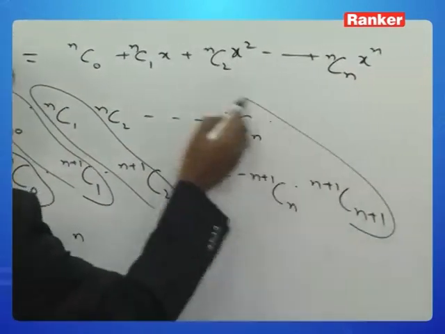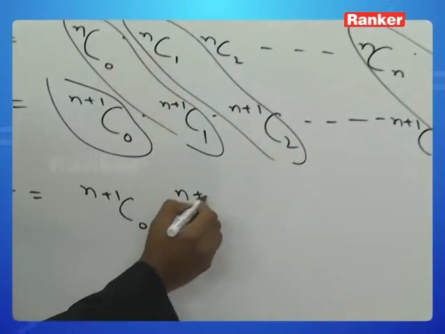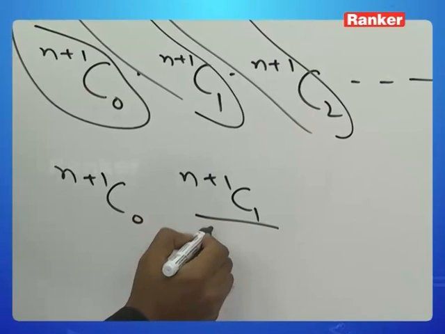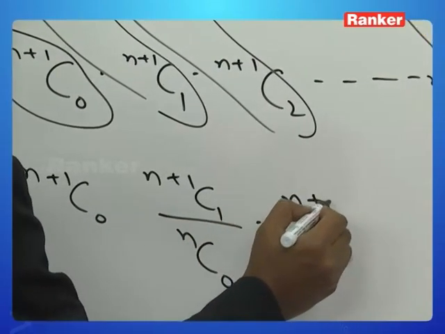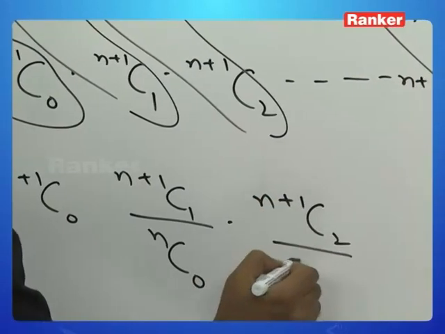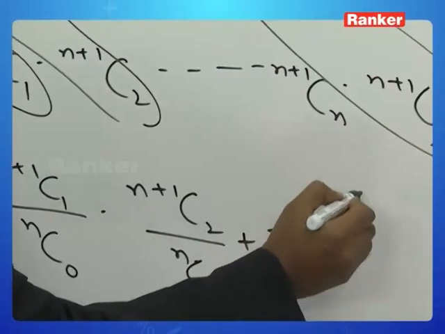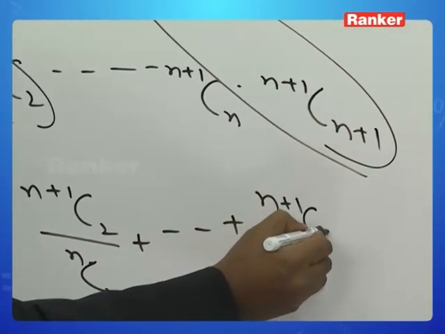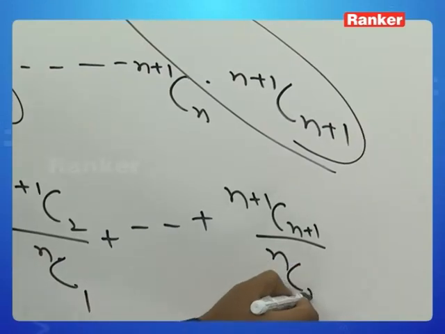So we will have (n+1)C1 by nC0 into (n+1)C2 by nC1, and so on and so forth. Finally, (n+1)C(n+1) by nCn.